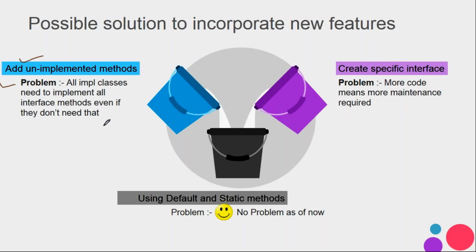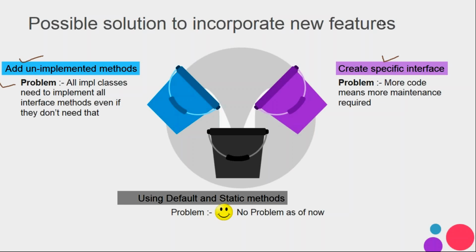Let's change some more things in our API or the existing design. We are discussing whatever we know with respect to the interface and its implementing classes. Now let's understand the second approach which we can apply.